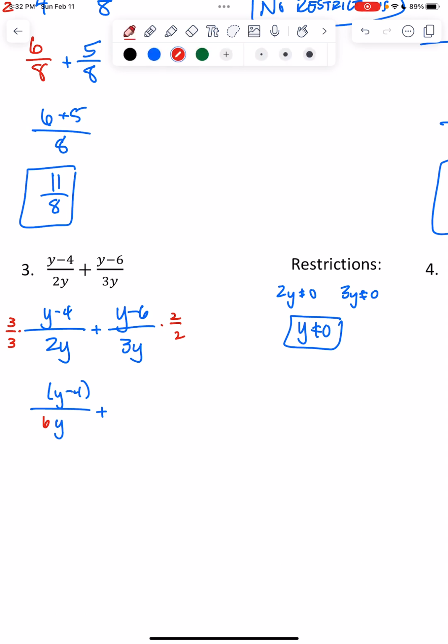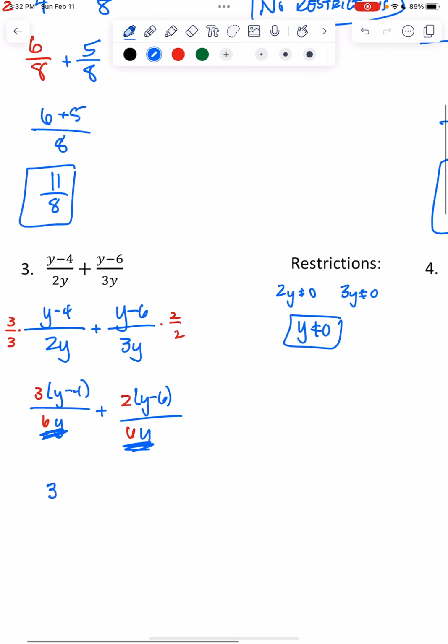And then over here, this would be 2 times y minus 6 over 6y. Now they have the same denominator, so we can add them together. So we're going to go 3 times y minus 4 plus 2 times y minus 6 over 6y.